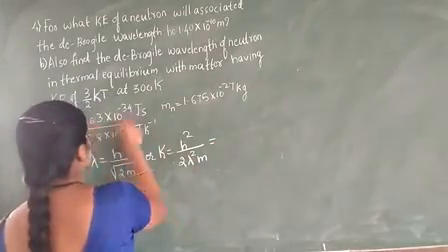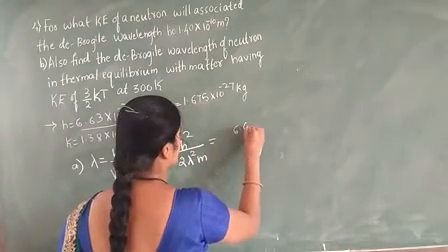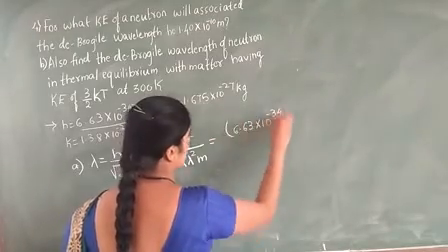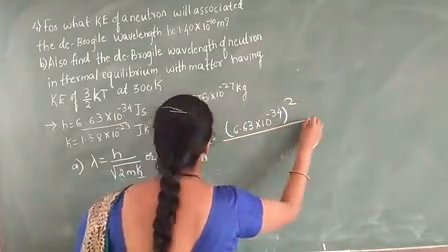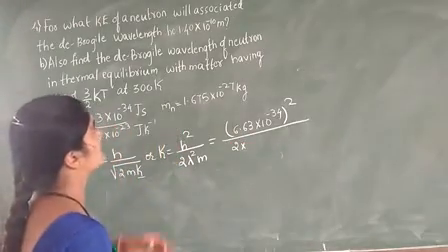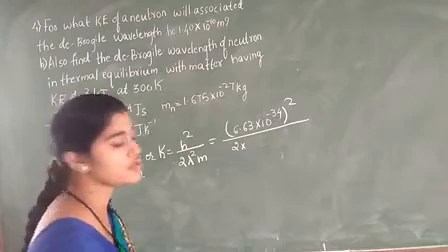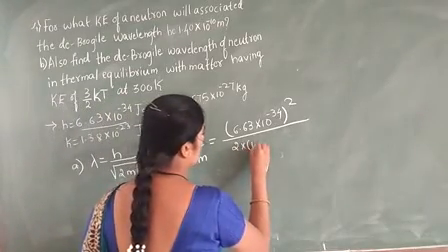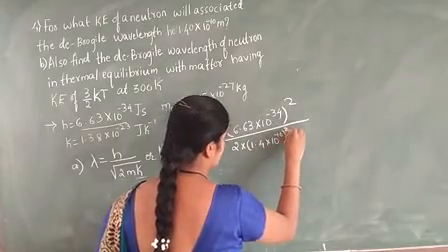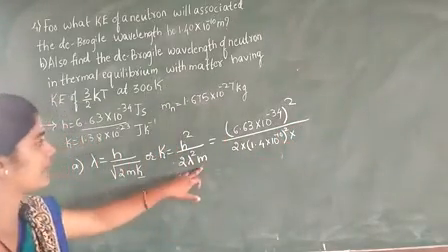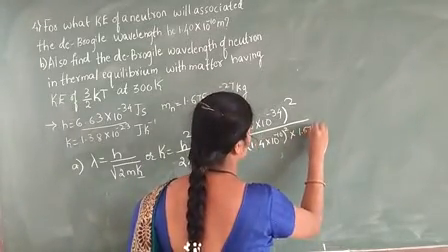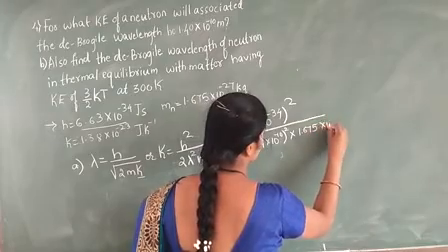h is 6.63 into 10 raised to minus 34, whole square, divided by 2 into lambda. The wavelength they have given is 1.40 into 10 raised to minus 10, whole square, into m. The mass of the neutron is 1.675 into 10 raised to minus 27.